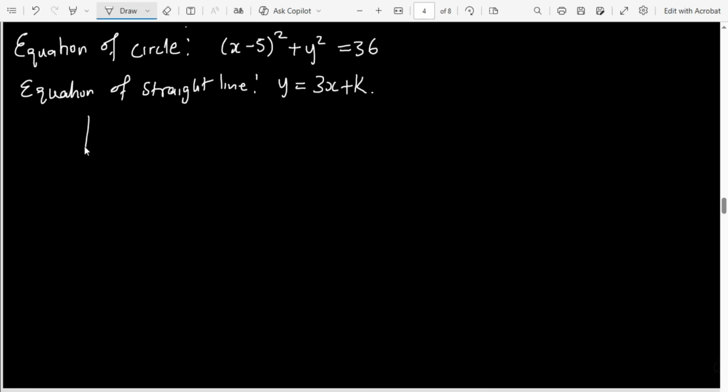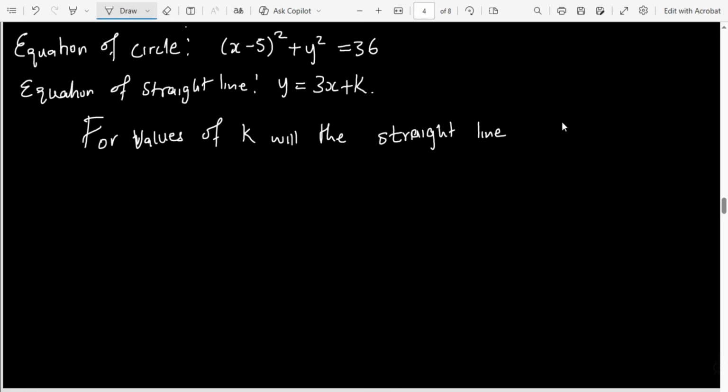And then now the question says: for which values of k will the straight line be a tangent to that circle.